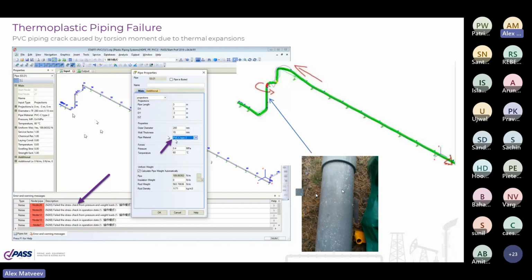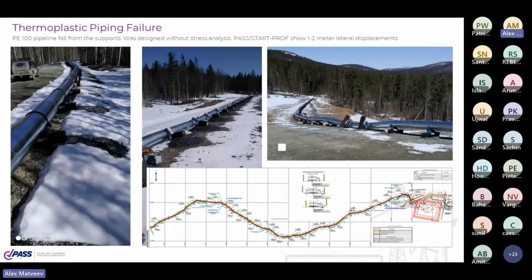Okay, so this is another failure, a very long polyethylene pipe PE 100. Actually, there is no problem with the stresses. There are no cracks, but there is a problem with supports.